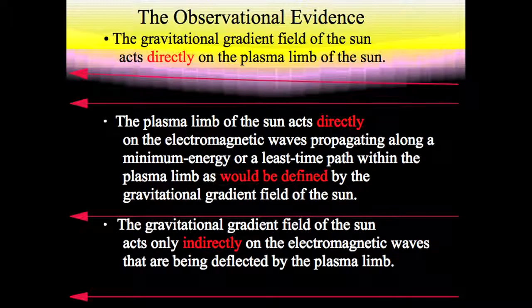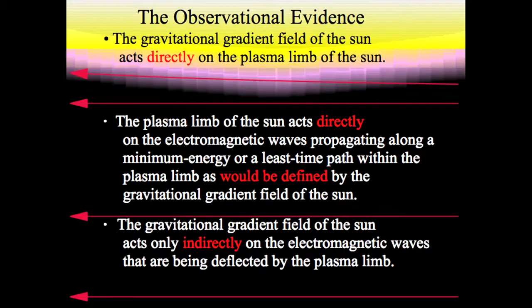You get your students' assignments in undergraduate and graduate classes, and you know this because I'm preaching to the choir here. You talk about the minimum energy path, or the least time path, of waves propagating in an atmosphere or some medium, and it would be defined by the gravitational gradient field of the sun. And it turns out that the gravitational gradient field of the sun acts only indirectly with the electromagnetic waves.